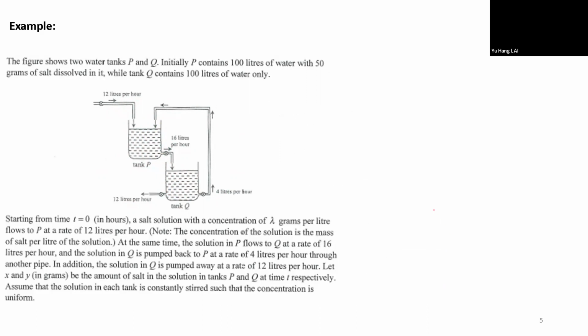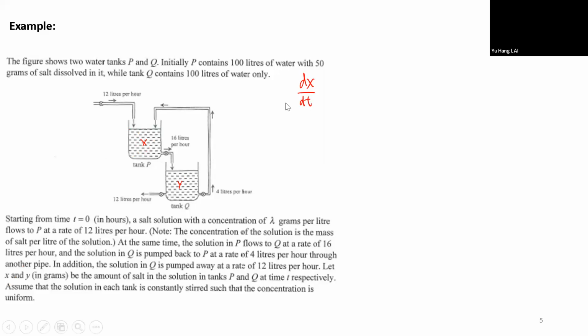For tank P and tank Q individually, let's say that the amount of salt is X in this tank and Y in the other tank. So if we look at dx dt, what do we have here?